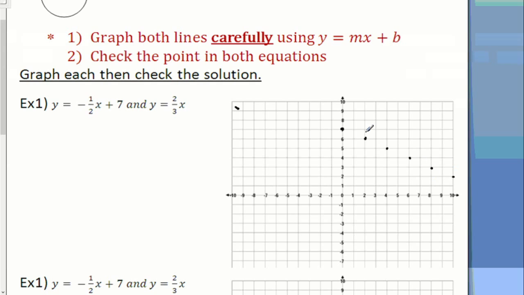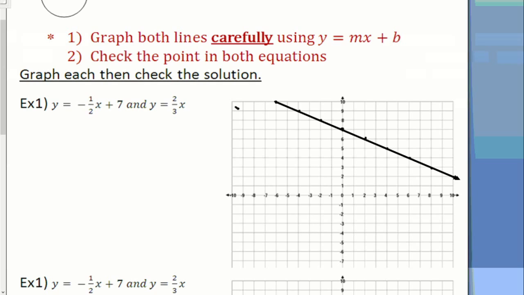All right? Up 1, left 2. Okay, so I'm going to have to be careful here graphing this. All right, so to graph this, it's going to start there, and it's going to go there. Right? So there was our first equation.